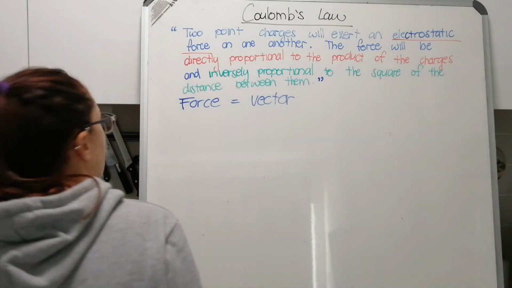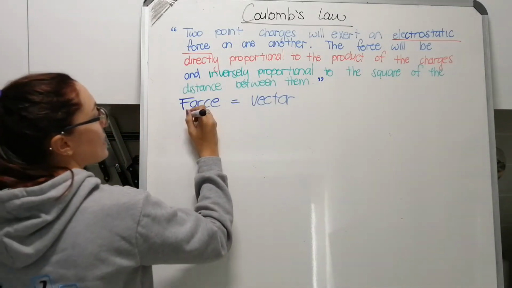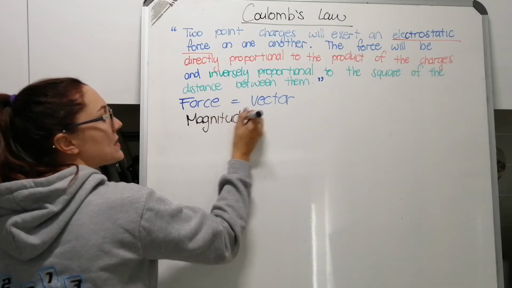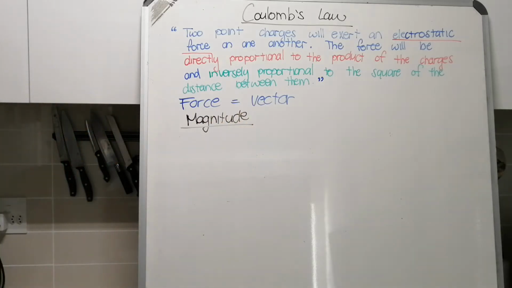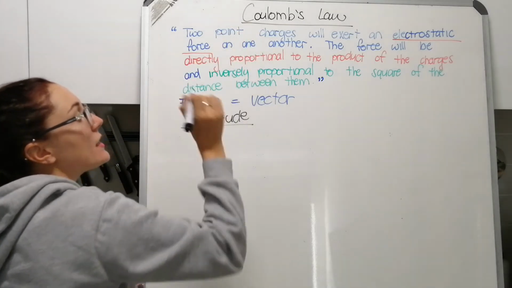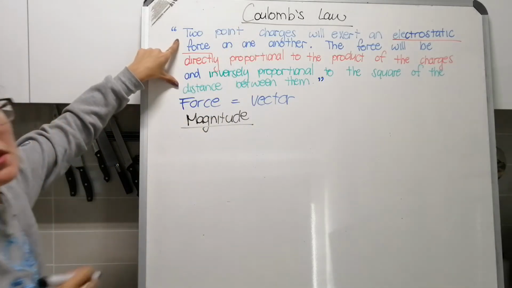To calculate the magnitude of the electrostatic force, so the size, I know some of us panic when we see the word magnitude. Magnitude just means the size, the number associated with it. To determine the magnitude of an electrostatic force, we use Coulomb's law. There's an equation that says the same thing as what the law says.